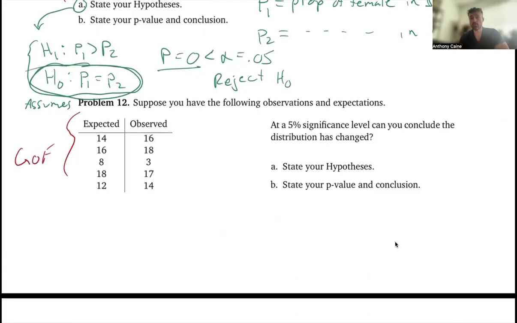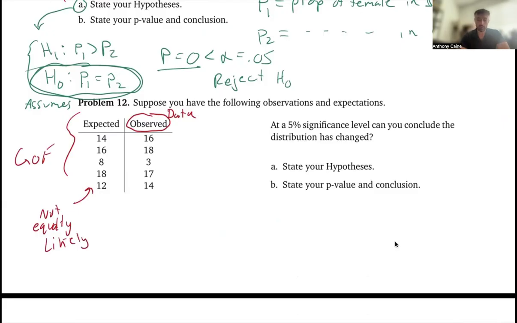And I said that it'll always fit on a single row or a single column. And you might look at this and say, there's two rows or columns. In this case, there's two columns, right? But observed is the data. Here in this problem, they're telling you what we expect, and it's not equally likely.